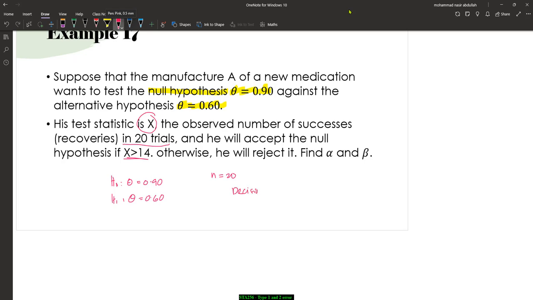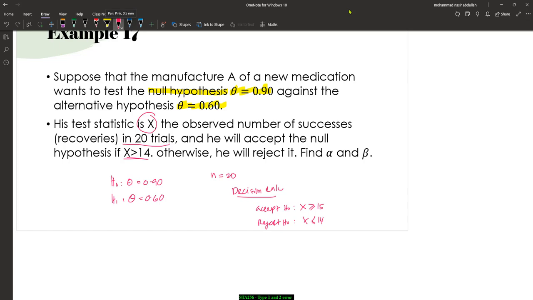Accept the null hypothesis when, sorry, what did he say? We accept the null hypothesis if X is more than 14. Meaning X is more than or equal to 15. So he will reject the null hypothesis when X is less than or equal to 14.